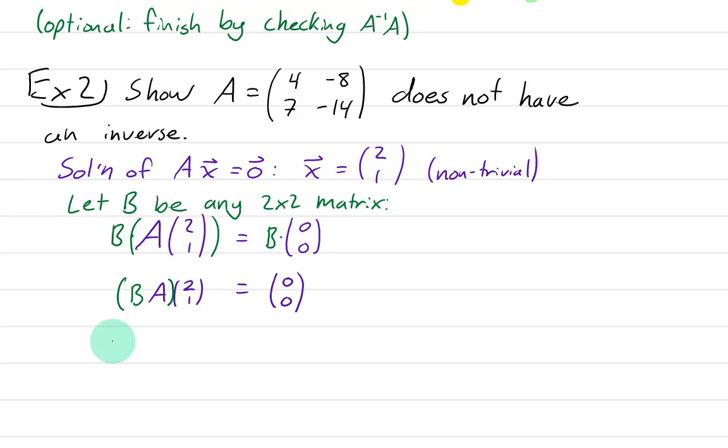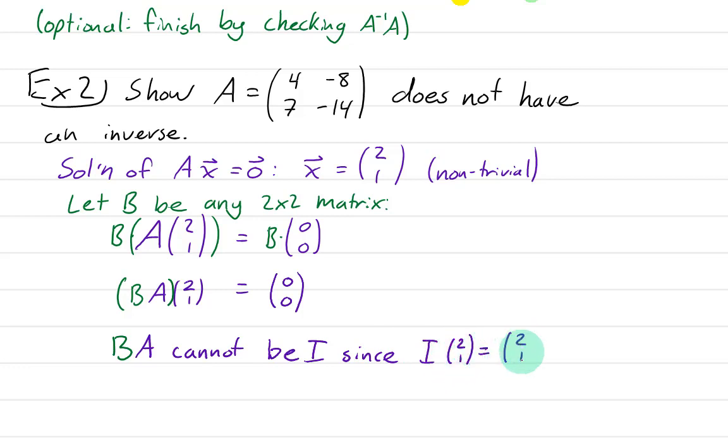That means B times A cannot be the identity matrix, no matter what. Because if it was the identity matrix, then the identity matrix times anything, including (2, 1), would leave it unchanged and not give you 0 as a result.